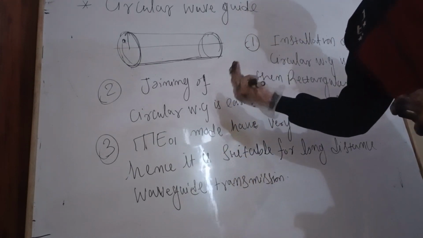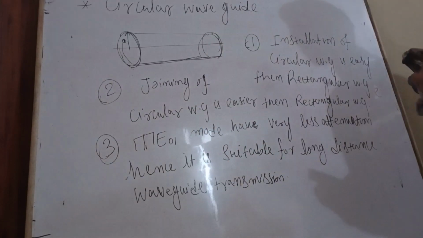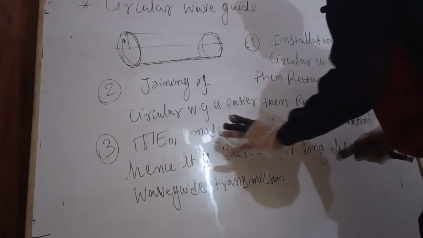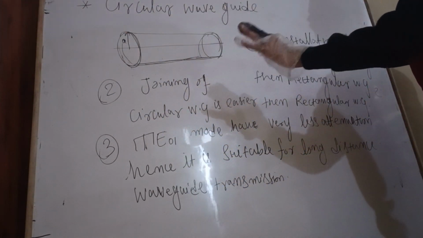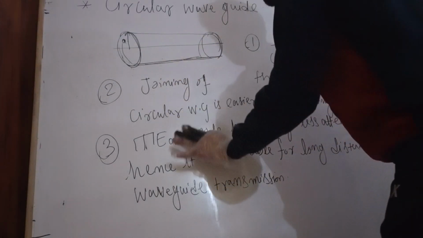If we want to transmit the signal up to a very long distance, then in that case we will go for circular waveguide instead of rectangular waveguide. So this is all about its advantages.